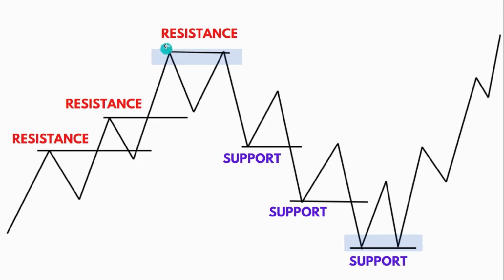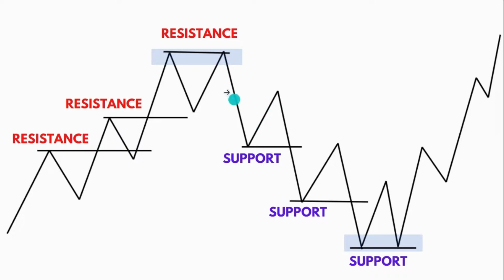So we have an uptrend here, and then when the uptrend comes to an end, we'll see that price forms a resistance, comes down, and then goes back up to that resistance or that high, and then fails to break the high, fails to continue the uptrend. That's a telling sign that the market is about to reverse, that the uptrend has lost its steam. So we can start looking for entries right at this area here.